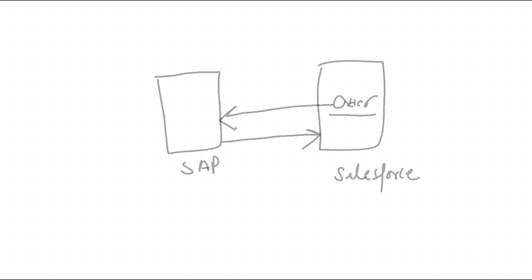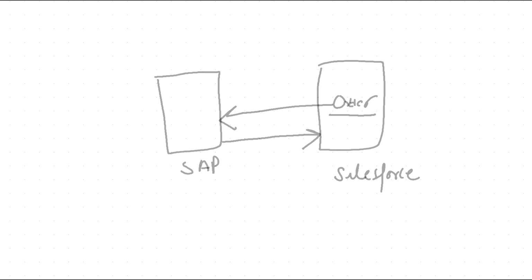So API integration is nothing but integrating two different independent systems for some common data or for some common processes. And once we make the API integration, then we can move the data from one system to the other and from the other system to the first system.